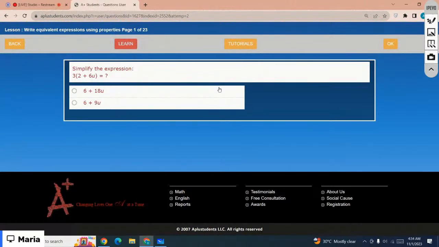The correct option is yes, 6 plus 18u, option number 1 is the correct option.